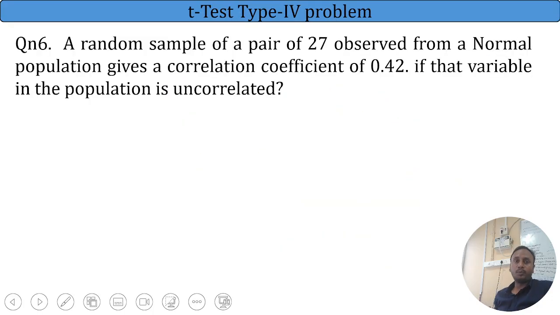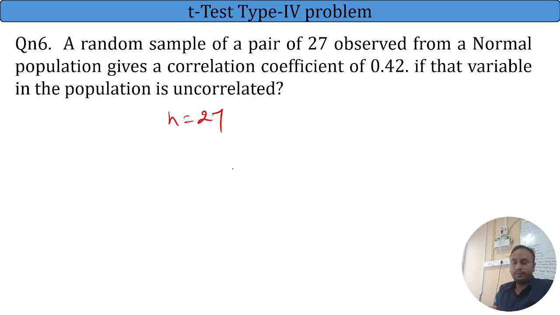Now we have one problem: a random sample of pairs, n given as 27. Then r is given as 0.42. They have already told us it is a normal population, so we don't have to think too much. Now they are saying the population is uncorrelated.